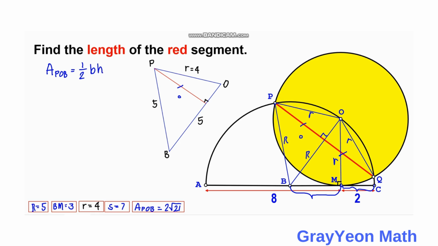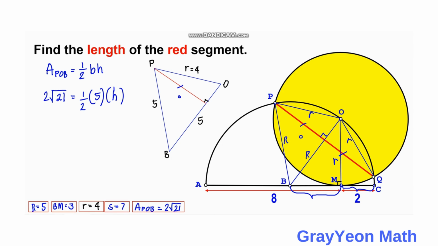So 2 square root of 21 is equal to 1/2 times the base, which is 5, times the height, which is the unknown. This is half of what we are looking for.